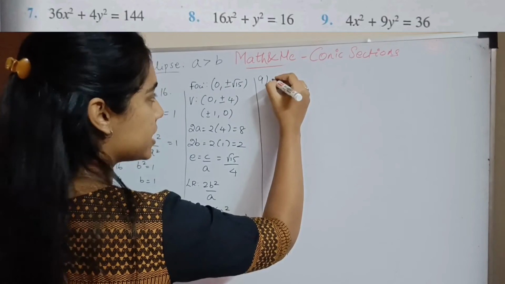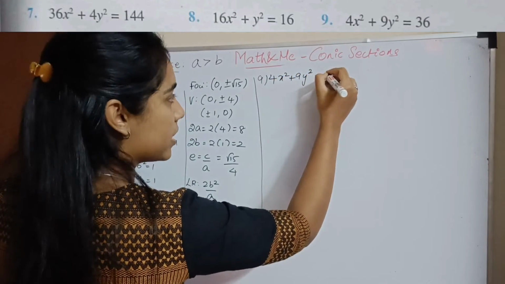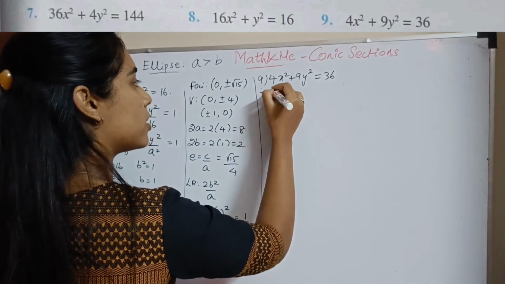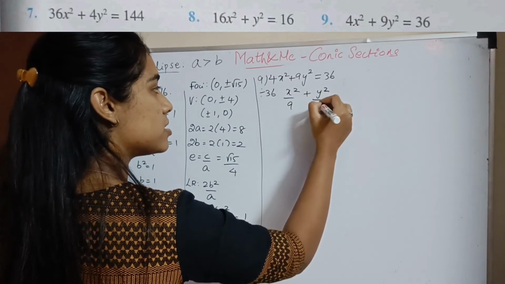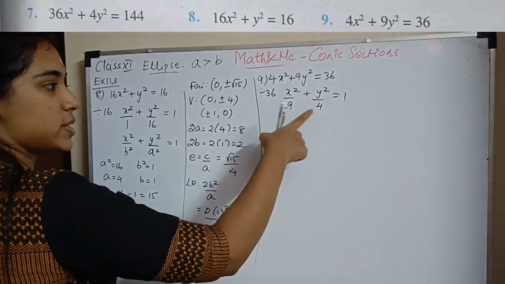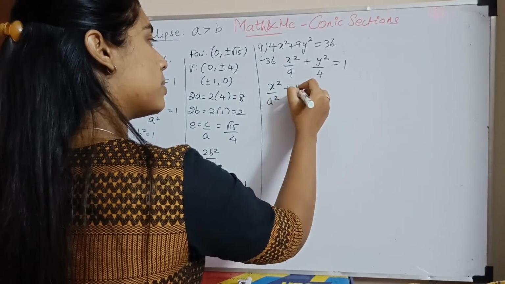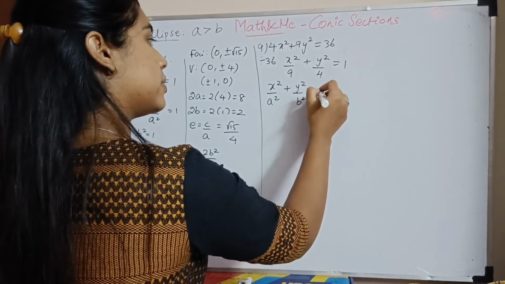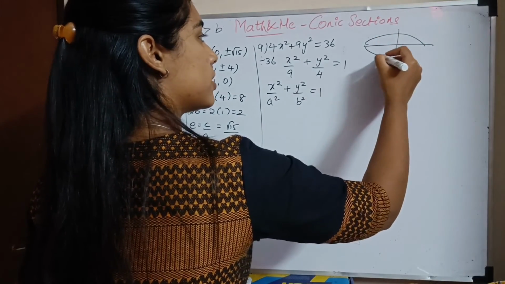Question number 9. It is very similar to the example question. 4x square plus 9y square equals 36. So dividing the whole equation by 36, I have x square by 9 plus y square by 4 equals 1. a square is greater than b square. So it is of the form x square by a square plus y square by b square equals 1. So how will the ellipse look? It will be along the x-axis. So it will be something like this.